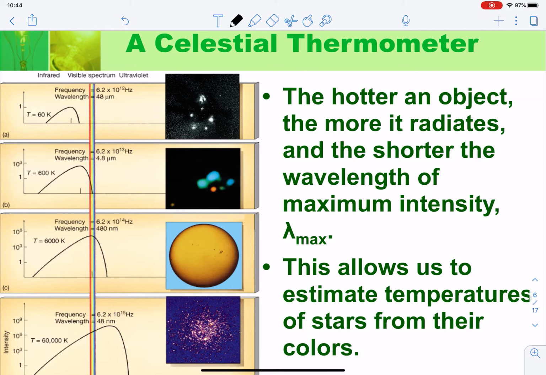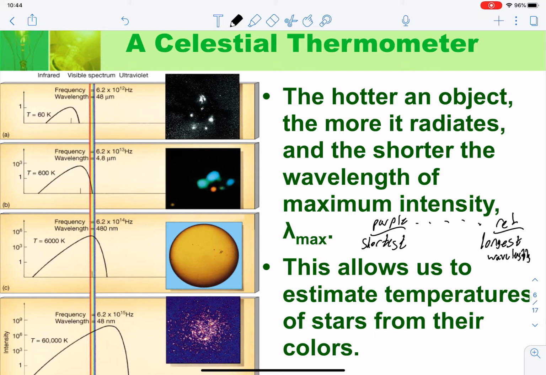So if you recall, our shortest wavelength of visible light is purple. Our longest wavelength is red, right? And then there are all these colors in between. So extremely hot objects start to emit colors closer to blue or purple than red.